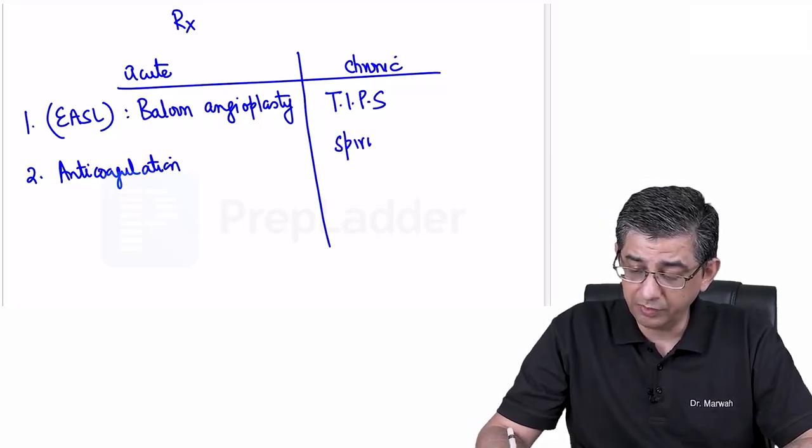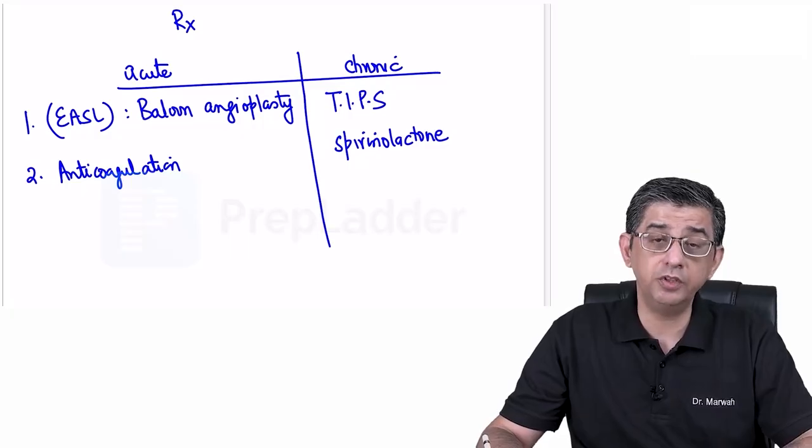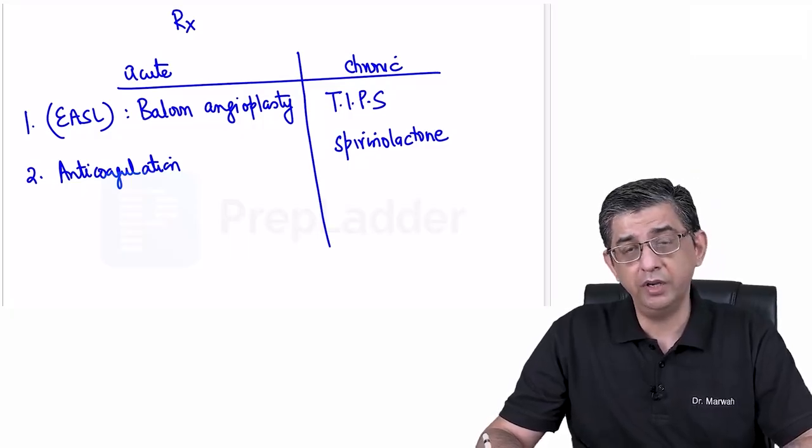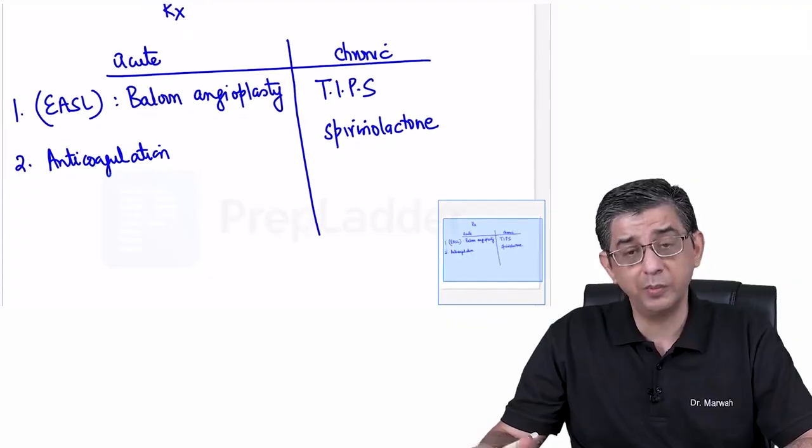Definitely some relief in the severity of ascites can be achieved with the usage of diuretics. I can give a combination of spironolactone with furosemide. Furosemide is obviously going to cause hypokalemia, so I'll keep a watch on the electrolytes, but I'm trying to reduce the problems of the patient.